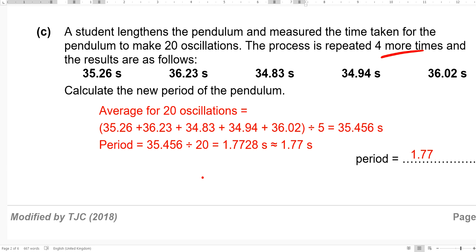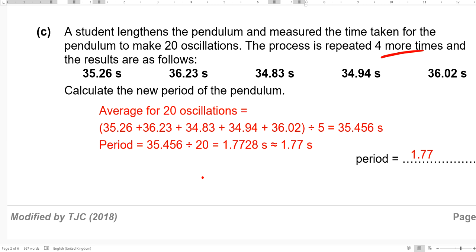If the question changed or the student shortened the pendulum, what do we expect this number to become? Smaller than the first one, which was 1.2. You understand how it works now? Did they say anything about the mass of the pendulum? They didn't. Do you remember what I said about the mass of the pendulum? Does it affect the oscillation time?